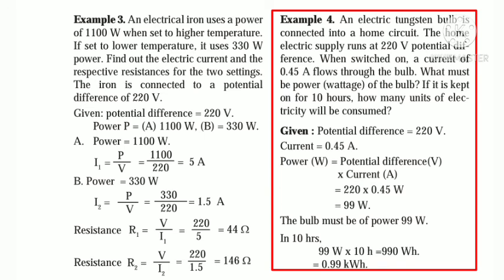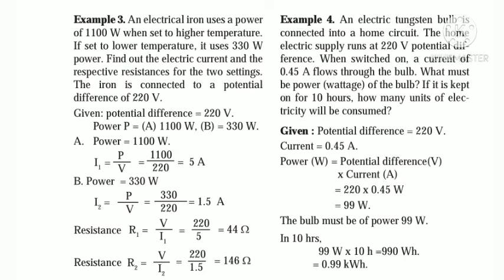In 10 hours, 99 watt into 10 hours is equal to 990 watt hour. Means in kilowatt we have to divide 990 by 1000 and hence it is equal to 0.99 kilowatt hour.